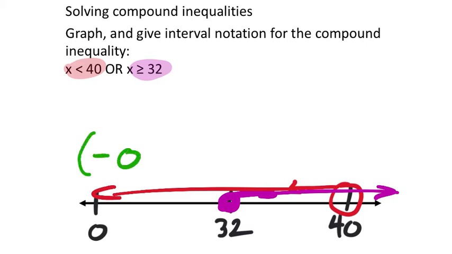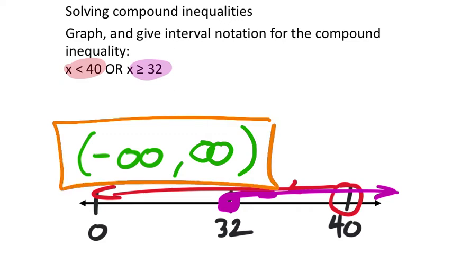It would go all the way to negative infinity. How far to the right does it go? Some people would say it stops at 32 here. No, you could get on this red track, jump on the purple one here. You could jump back and forth in between. But once you get to 40, you've got to jump on the purple one and go all the way to infinity. I know some of you are thinking and beyond, but whatever. Okay, so there's our interval.